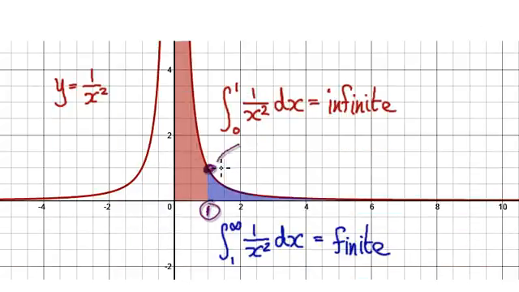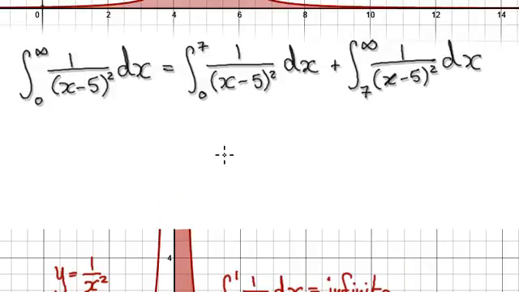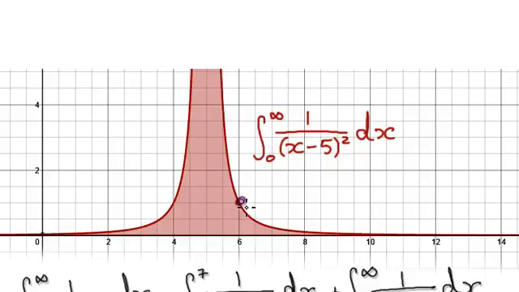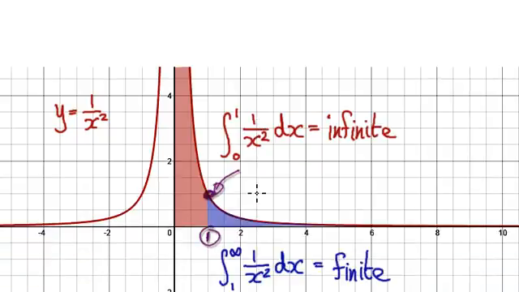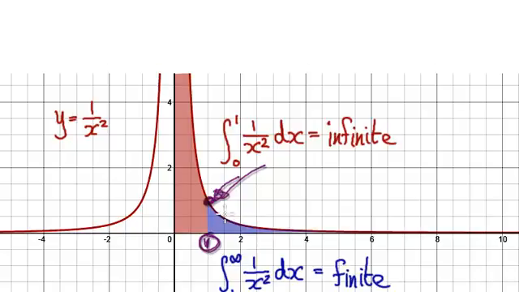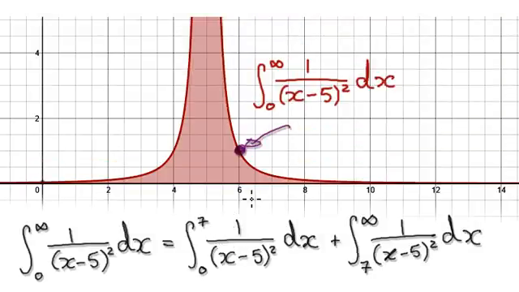Because it has been shifted across 5, that point corresponds to 6. So everything from this point here will converge. If you break it up at an arbitrary point of 7, well, this is 7. If from here everything converges, then of course from 7 it is going to converge as well.